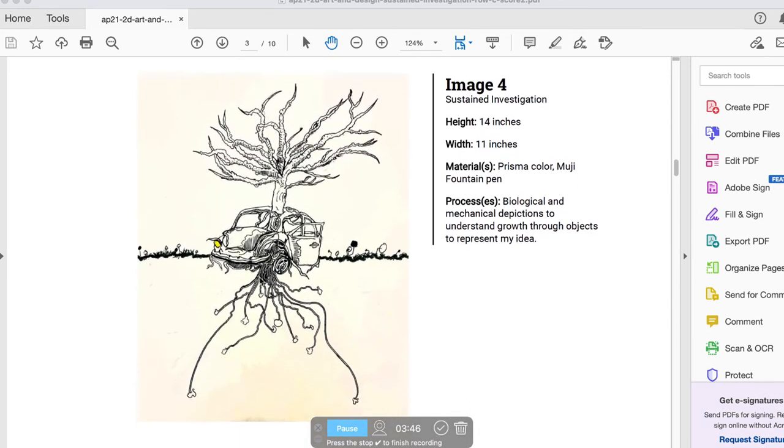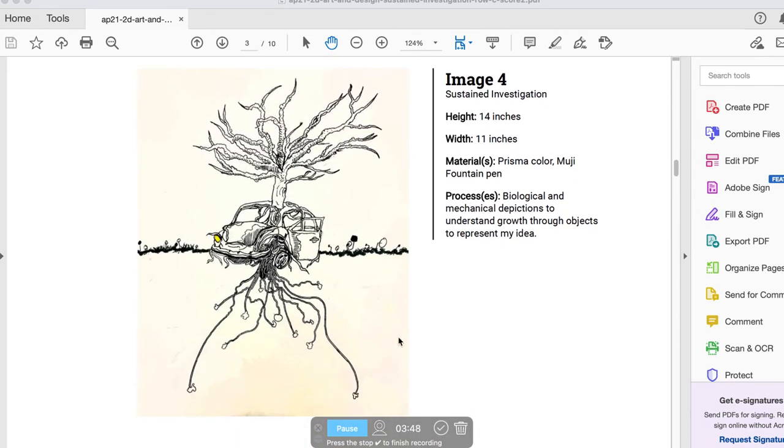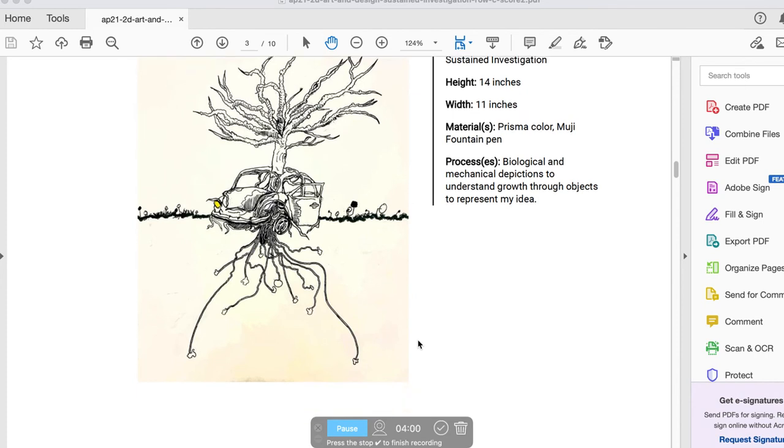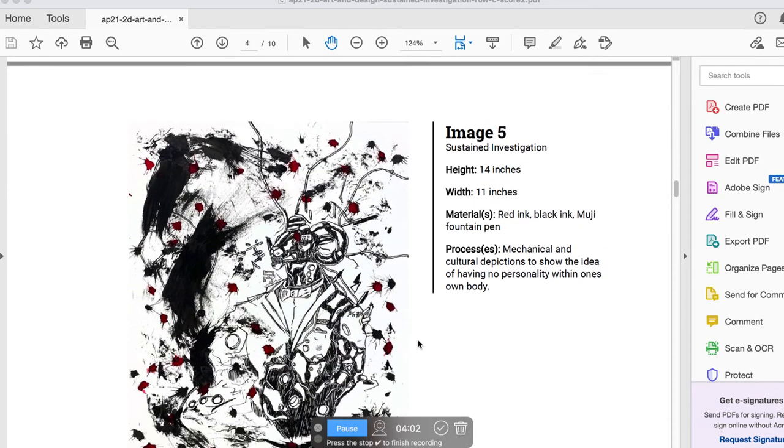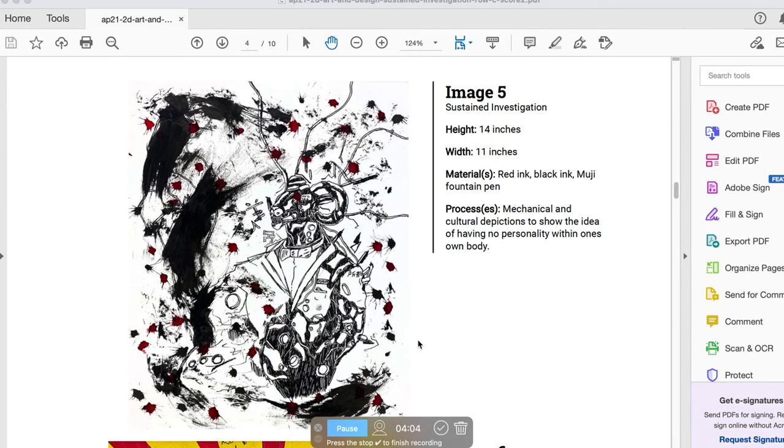Image 4, material, Prismacolor, Muji fountain pen. Processes, biological and mechanical depictions to understand growth through objects to represent my ideas. Image number 6, red ink, black ink, Muji fountain pen.